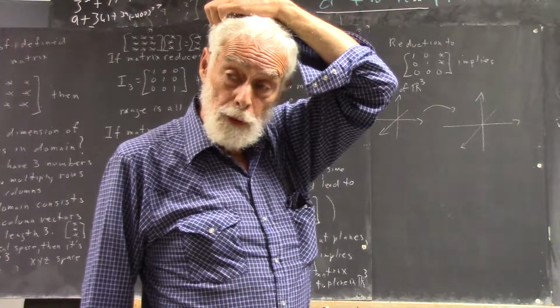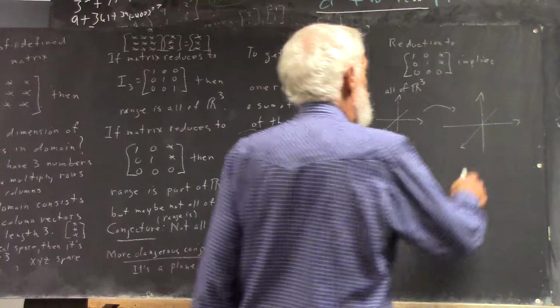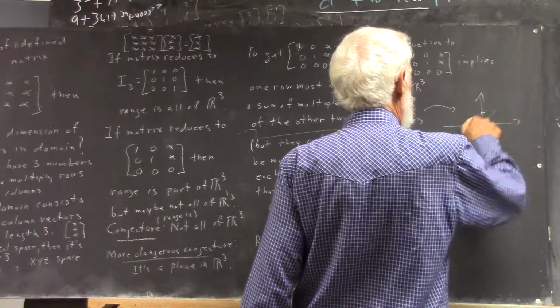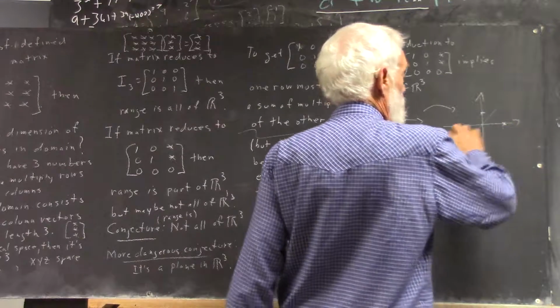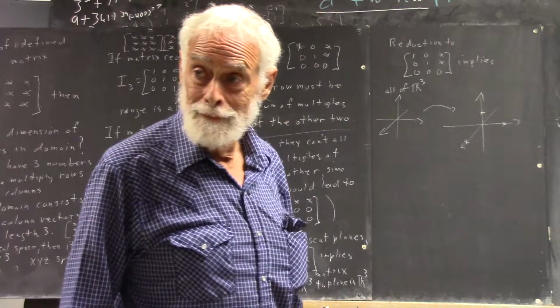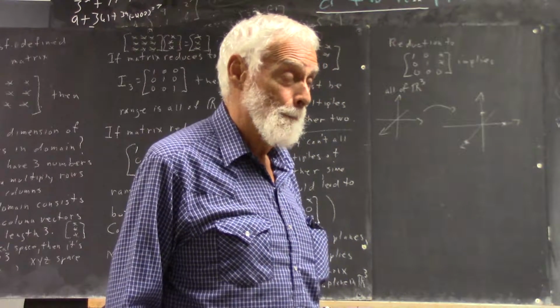Now, one of the easiest ways to represent a plane in R3 is to show the points on the axes where that plane intersects. So if that plane intersects your three axes at these points, which is the case unless the plane happens to be through the origin, okay?